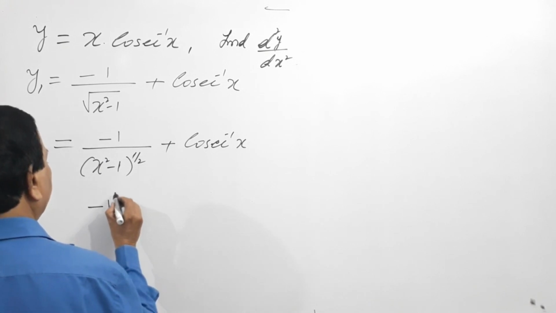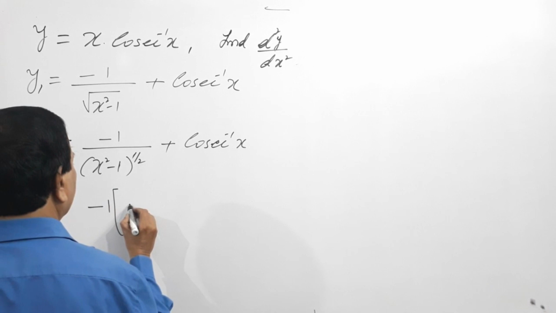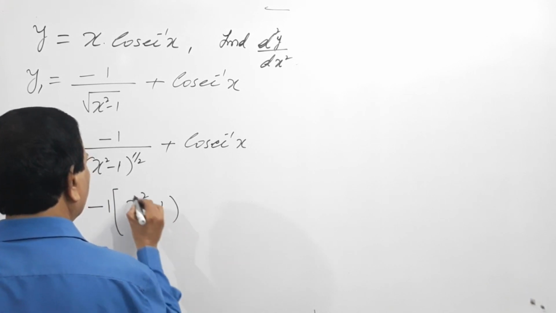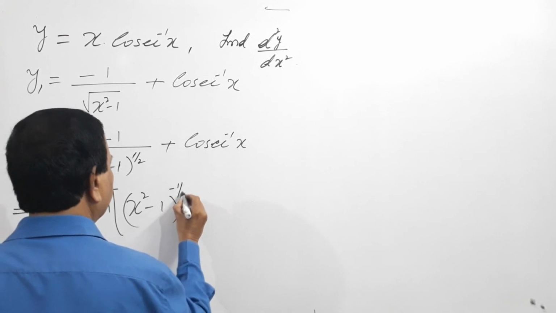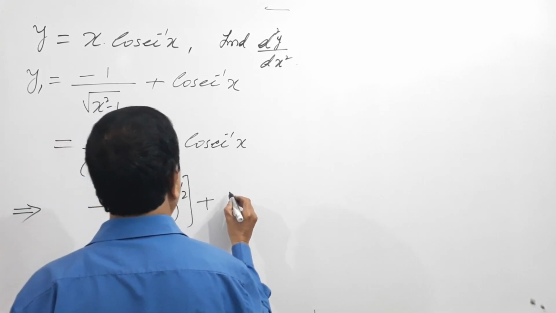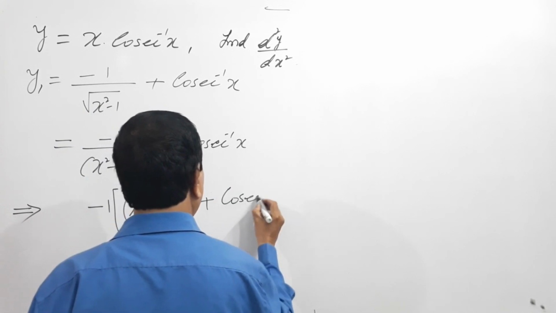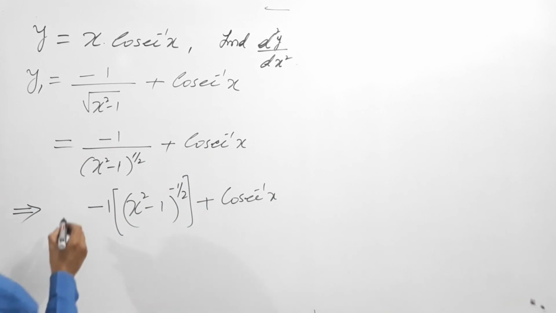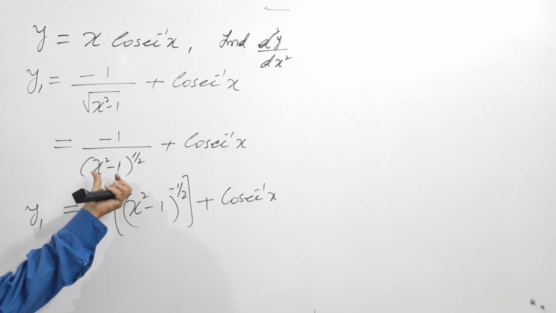Minus 1, I'll take it outside, that is x square minus 1 to the power of minus half plus cosecant inverse x. Done. So what is this? This is our y1. y1 equals to this, because I am trying to simplify this.